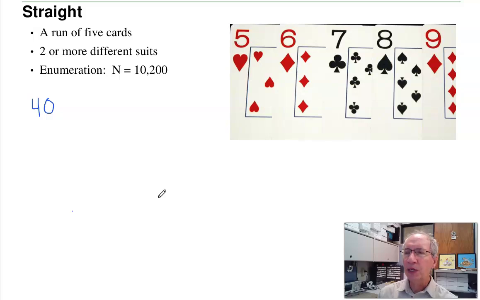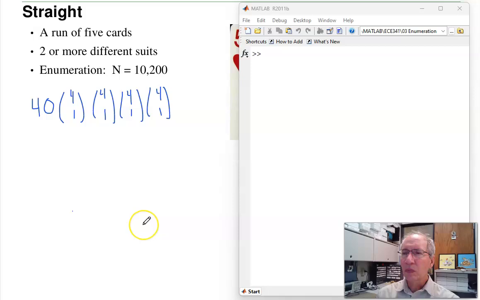Once I pick that first card, the next card has to be, like in this case if that was a 5, there are 4 6s in the deck, choose 1. Then the next card, there are 4 7s in the deck, choose 1. 4 8s in the deck, choose 1. 4 9s in the deck, choose 1. So let's multiply that out.